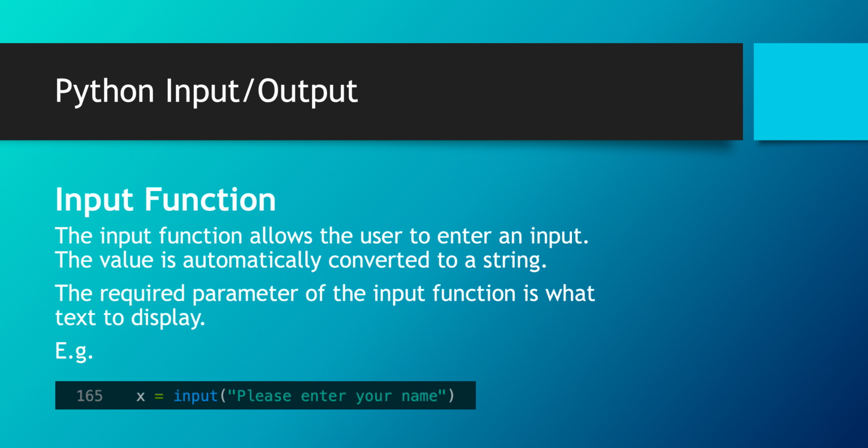That basically means that no matter what data type you enter, for example, if you enter 16, that's an integer, it will still be considered a string. So if you want it to be considered an integer, you'll need to convert the string to an integer. And the required parameter of the input function is what text to display, similar to the print function.